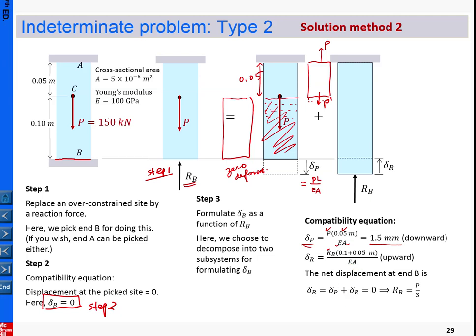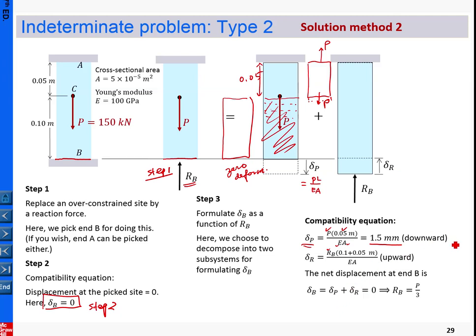Okay, and now because in the original problem statement, B must be fixed, in the two superposed systems, delta P in magnitude must be equal to delta R to maintain the original end B unmoved. Okay, so the net displacement at B should be equal to zero; for example, you can set the magnitudes equal, or if you like, you can add them up together.